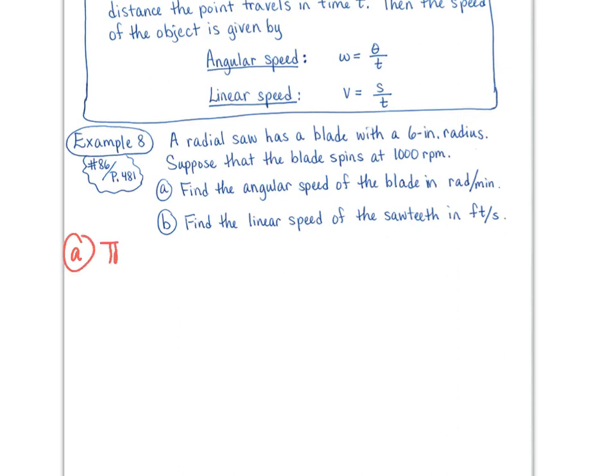So for part A, the angular speed is omega equals theta over t. Now, theta here is equal to 1,000. Now it's changing in a circle, so we have to account for that.